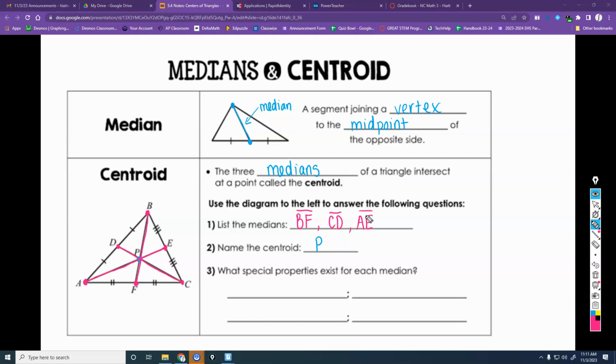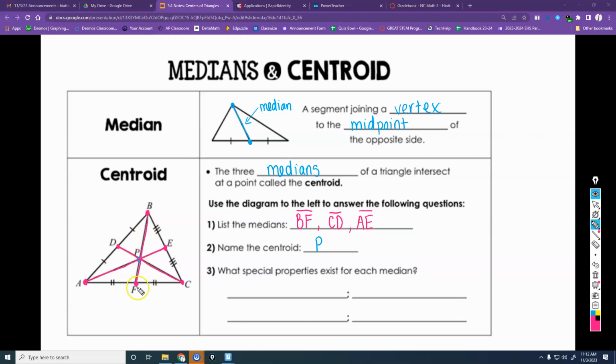So these have a different sort of property about them whenever you're looking at the centroid. For the centroid, when you look at the median, the shorter piece of the median is going to be half of the bigger piece. Or we could say, if we double the shorter piece, it's the length of the bigger piece.